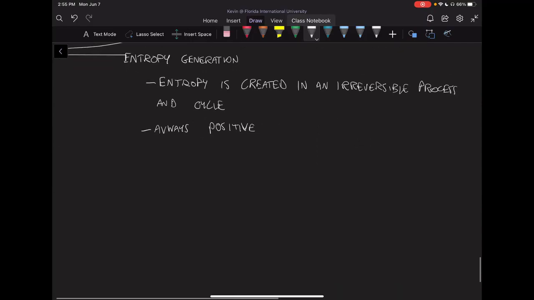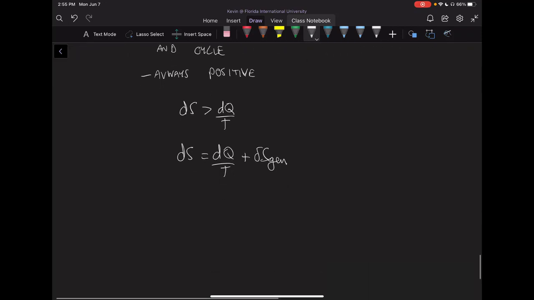So we can write that dS, and this should be a capital S, so dS is greater than dq over T, and this means that dS is equal to dq over T plus a term called dS gen. So we're going to call S gen our entropy generated. And S gen, we can say, depends on the process.